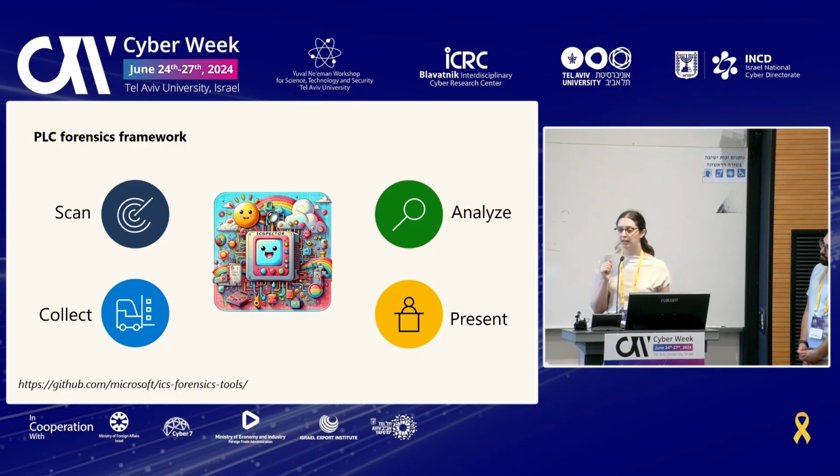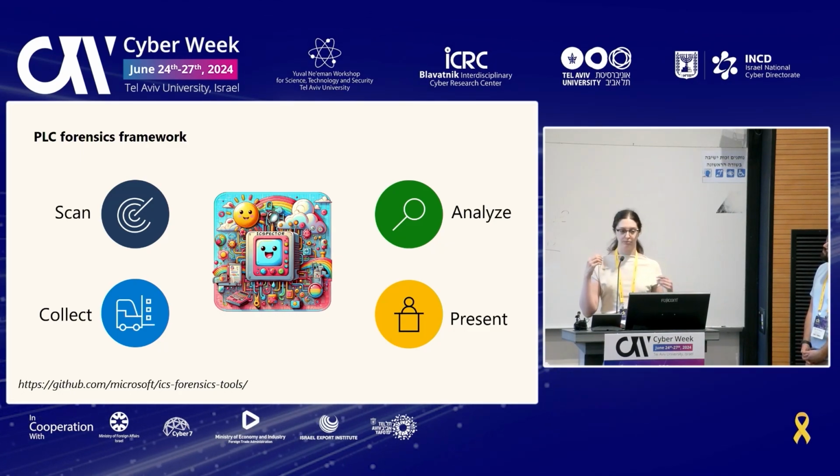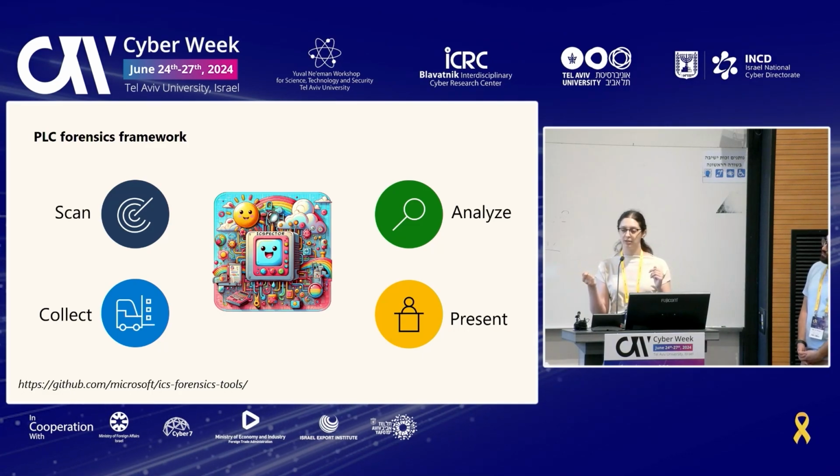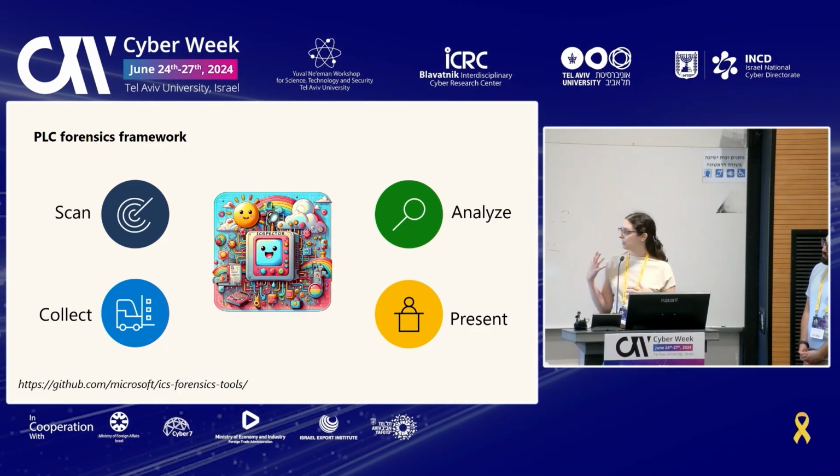After that, the framework will analyze the extracted raw data to look for some meaningful information, for example, the artifacts that we saw in the previous slide. And after that, the user will get nice CSV graphs and basically a nice output to start investigating the PLC program.